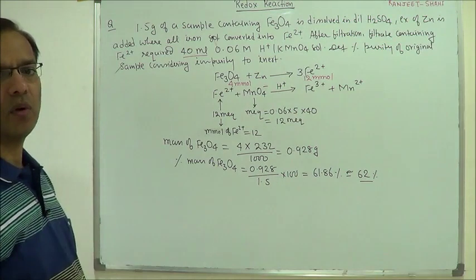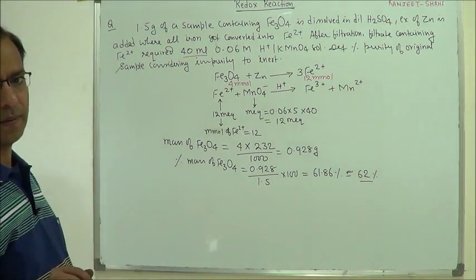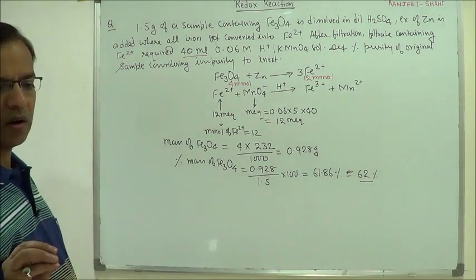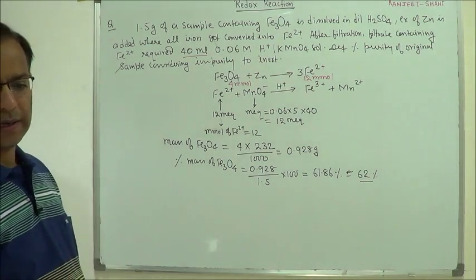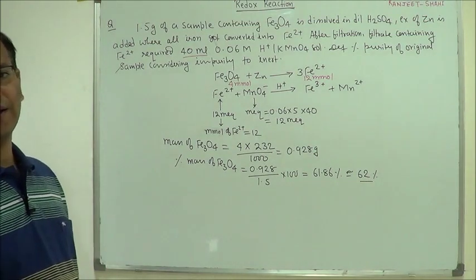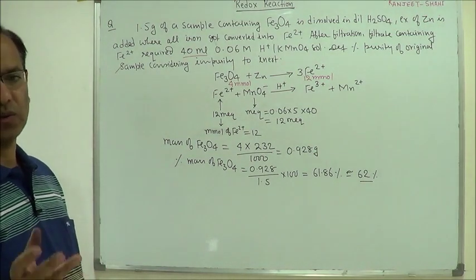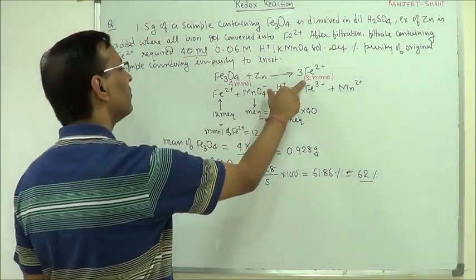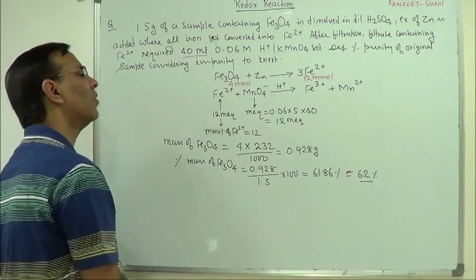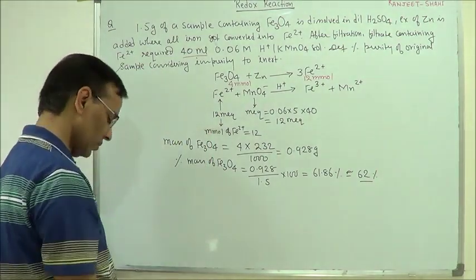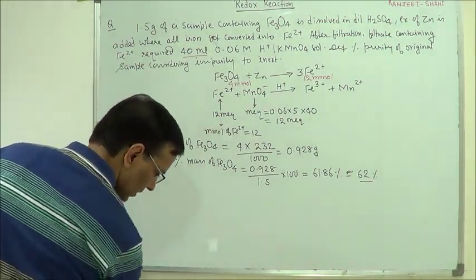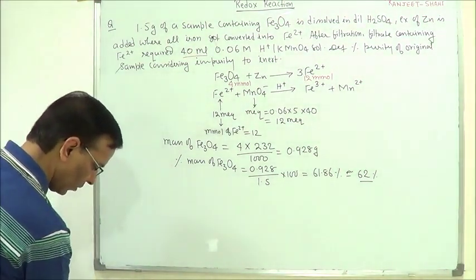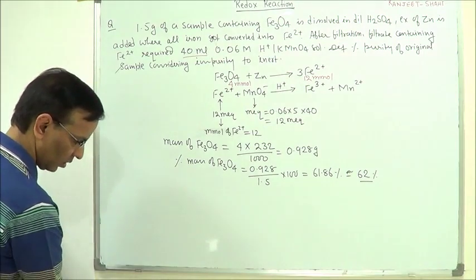So mole is the absolute quantity. It is always better to transform equivalent into mole and then carry it from one reaction to another reaction. Therefore, we have converted milliequivalent to millimole, and then from millimole we returned back to millimole of Fe3O4. So this is the way we approach questions of redox titration.